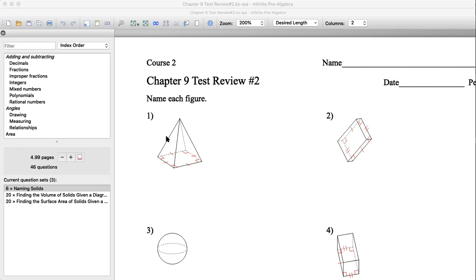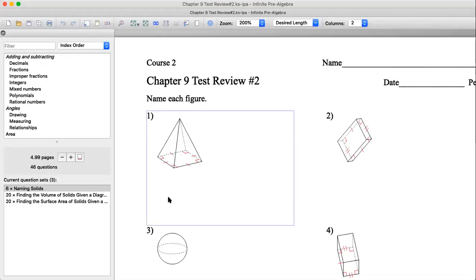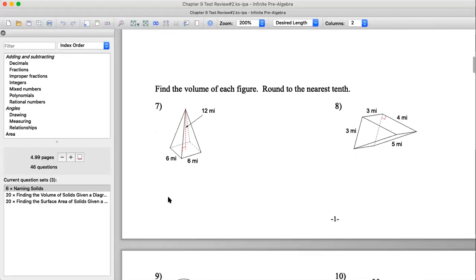Tell me what I did wrong here. Number 7? Yeah. All right, do it on the board. Probably on my resource card. Be safe.